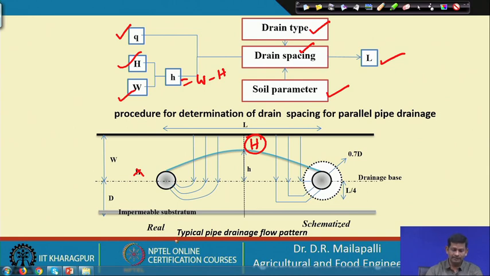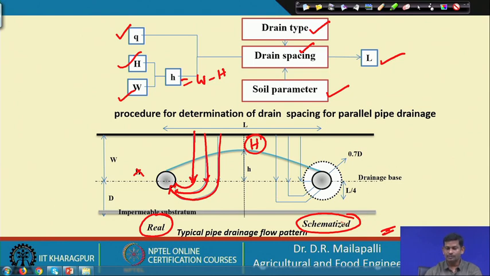And this picture clearly shows the assumption: this is the real field and the schematized field for modeling purposes. If you see, there is a vertical flow taking place initially and then towards the drain, this is the way the radial flow goes, whereas for making the modeling simple, the vertical flow, then horizontal flow, and then radial flow.